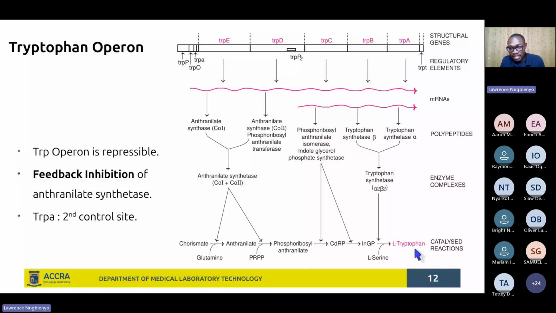What it means is that those enzymes, those proteins that have been synthesized from the messenger RNA are catalyzing those. The gene is regulating the process of synthesis of tryptophan. That's why it's been referred to as tryptophan operon.